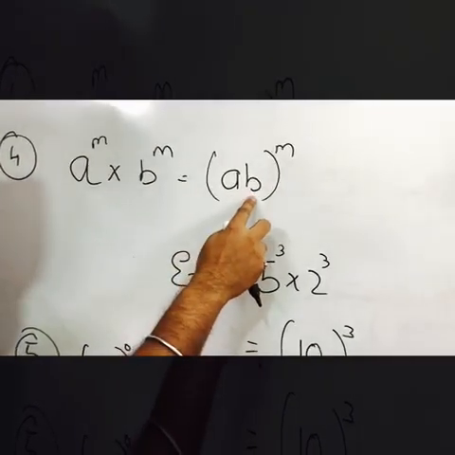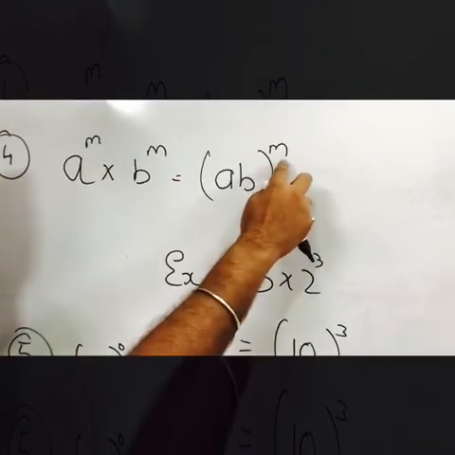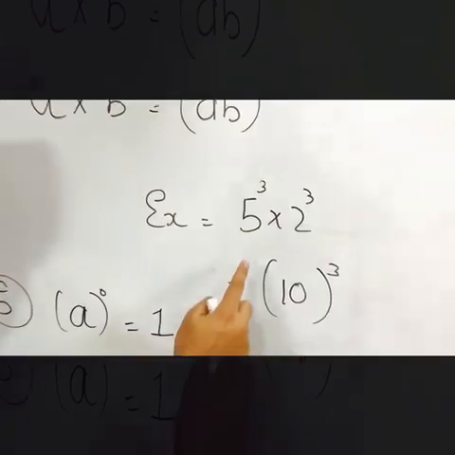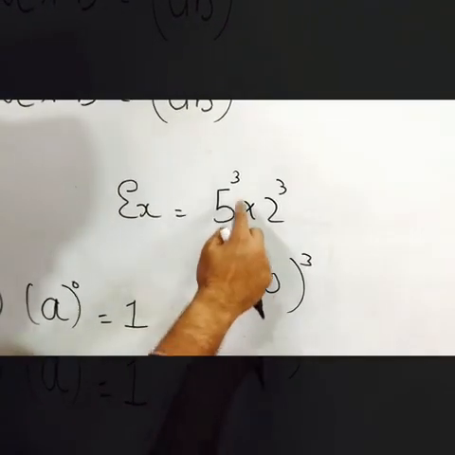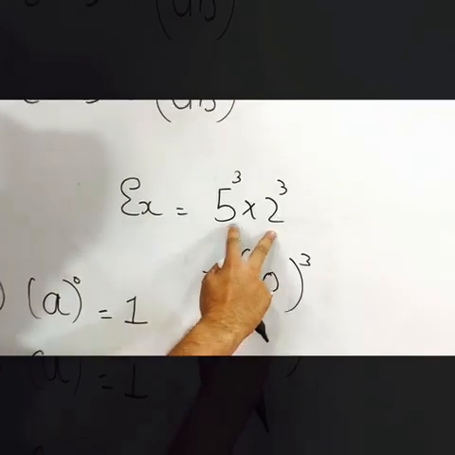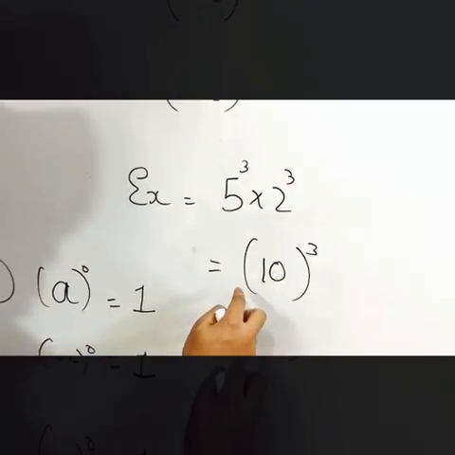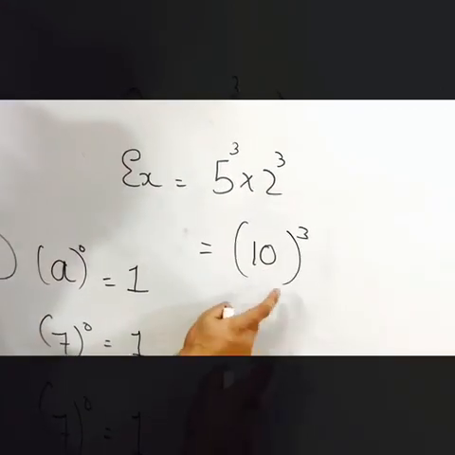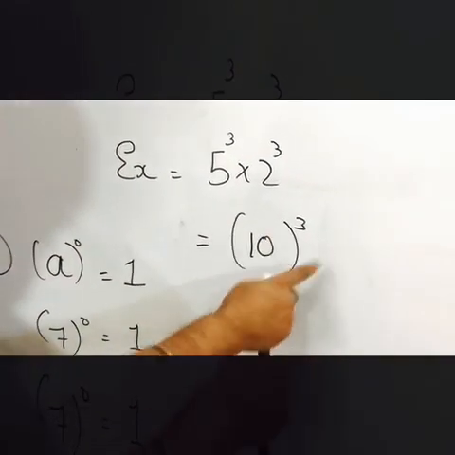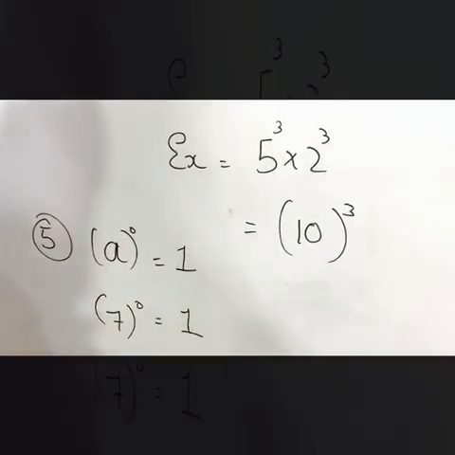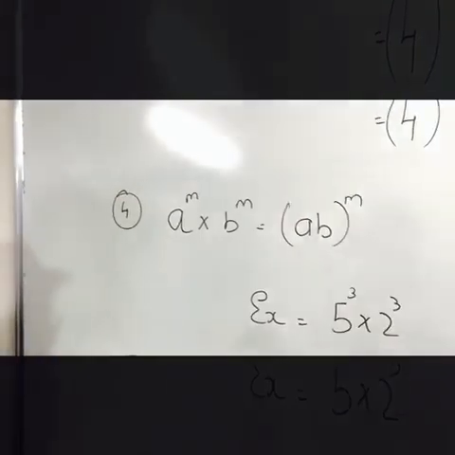See, a multiplied by b and the power will remain the same, that is m. Let us see the example. 5 raised to 3 multiplied by 2 raised to 3. See, the base is different and the power is the same. Okay, so we will multiply the bases. 5 multiplied by 2, our answer will be 10 whole raised to 3. The power will remain the same. So this is the fourth rule for the law of exponents.